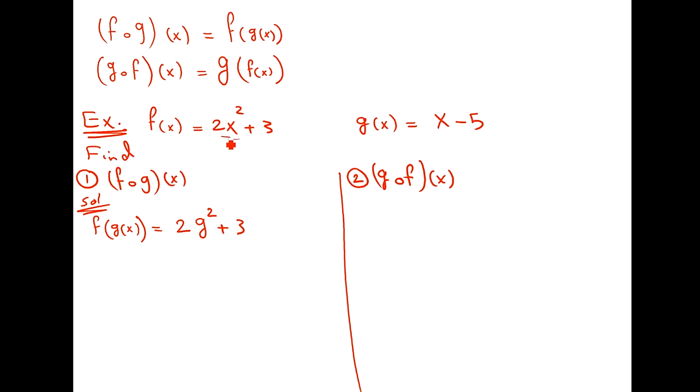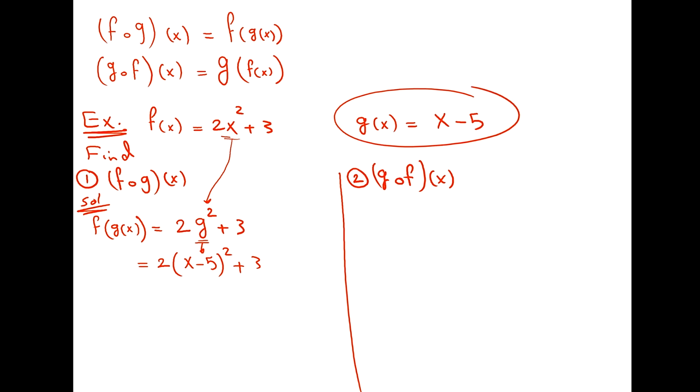Replace x squared with g, because we need to substitute function g inside the function f. Now this is equal what? 2, and g equal x minus 5, squared, plus 3. Substitute the value of g, x minus 5.